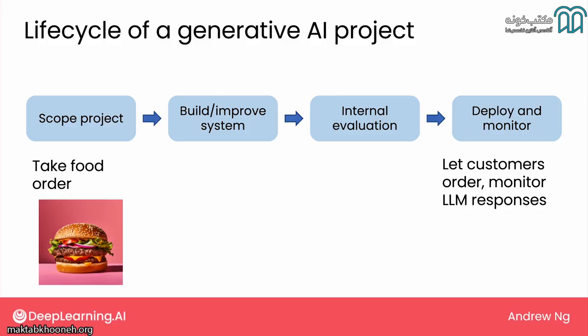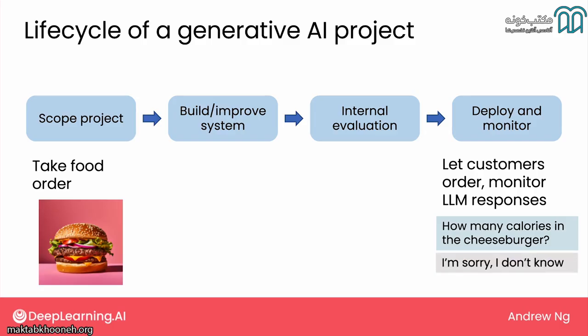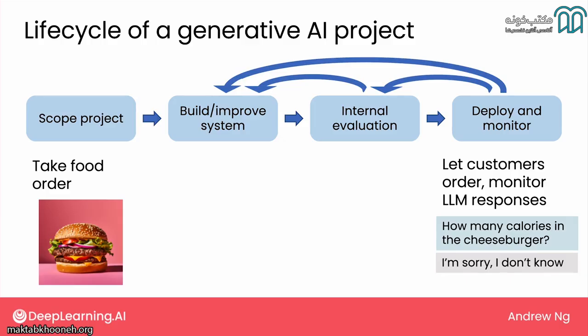Having built a number of generative AI projects, I've often been surprised and delighted by the strange and wonderful things that users will try to do with your system. For example, if a user asks how many calories are in your burger, initially the system may not know, but if you discover this, you can then update the system using perhaps a technique called RAG that I mentioned just now, that we'll go into depth on later this week, to allow your software application to give a correct answer.